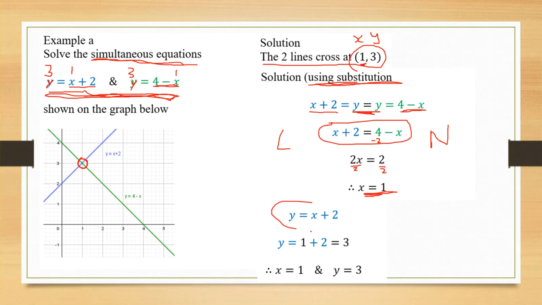So I've chosen y equals x plus 2. Same kind of thing, x can be replaced by 1. And 1 plus 2 is 3. So that gives us our y value. So graphical over here and algebraic on the right hand side.